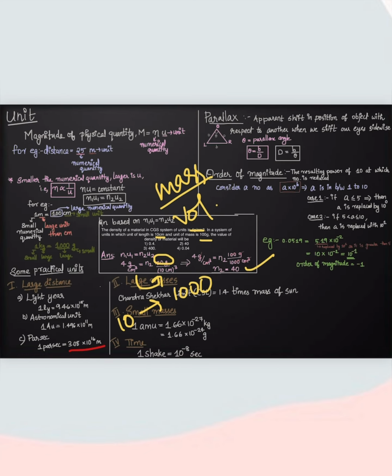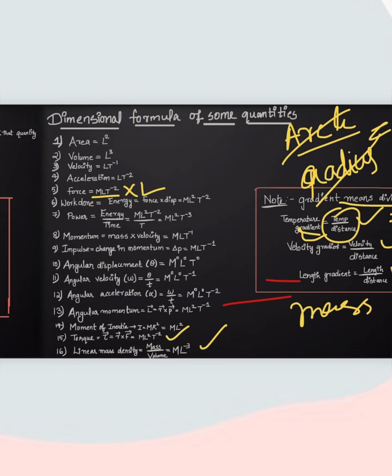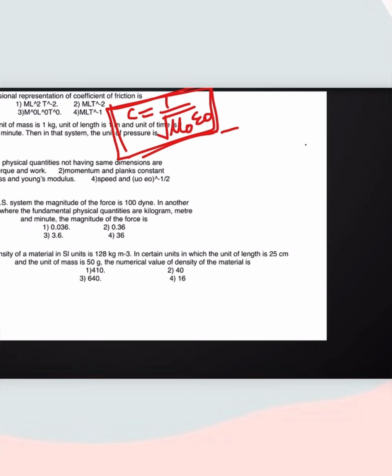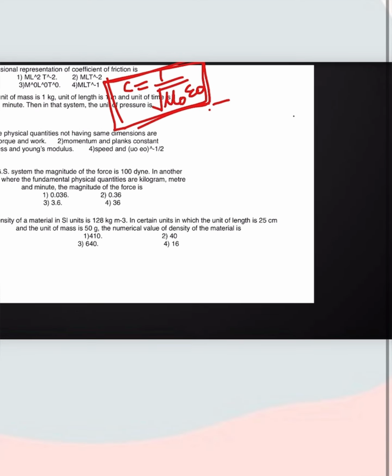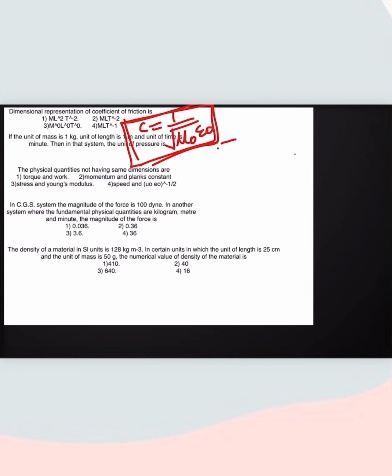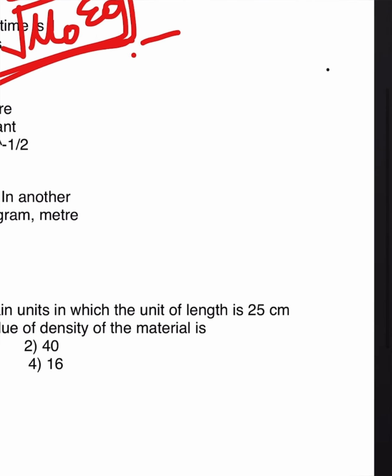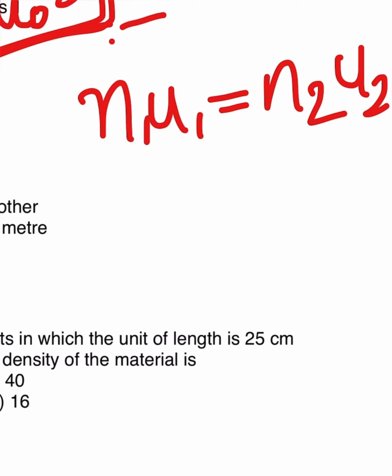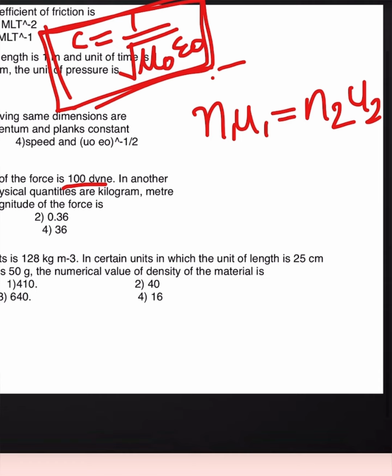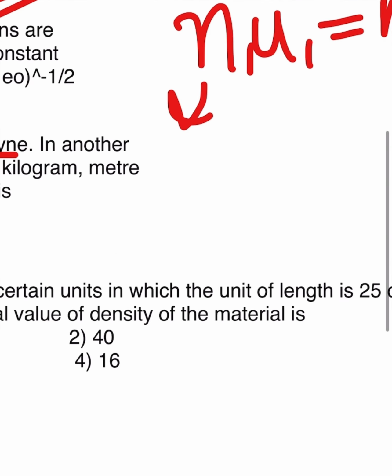This can be solved like this, okay? N1 U1 is equal to N2 U2. In the first system of units, 100 dyne, N1 is equal to 100 and U1 is equal to dyne.